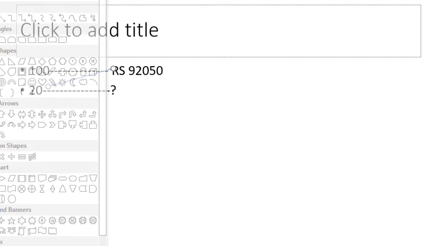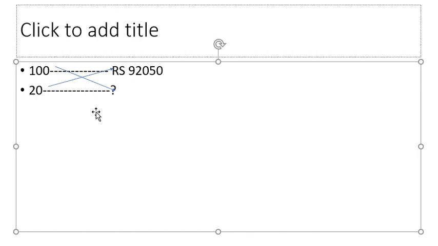This is the concept you will follow. To find out this missing value, it is equal to 20 into 92,050 divided by 100. So you will multiply 20 into 92,050, that is cross multiplication, and with this you will divide by 100.